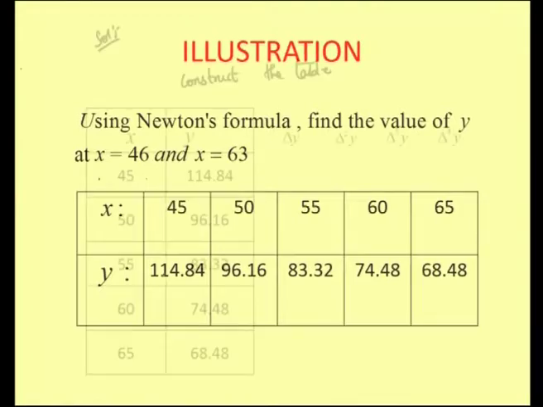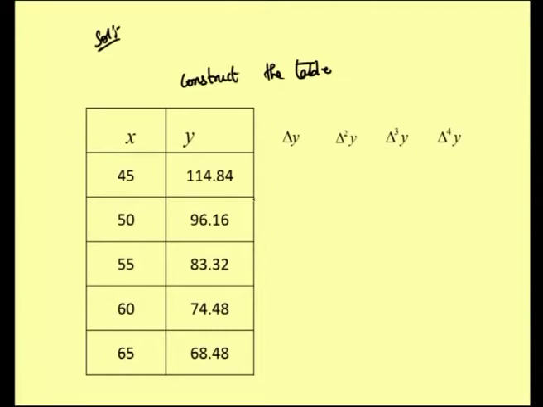Let us find out. We shall construct this forward difference table. X values are equally spaced at 5. We shall find out del y, del square y, etc. First of all, we will find out del y, and the first value is 96.16 minus 114.84, and it is minus 18.68, written in between 96.16 and 114.84.